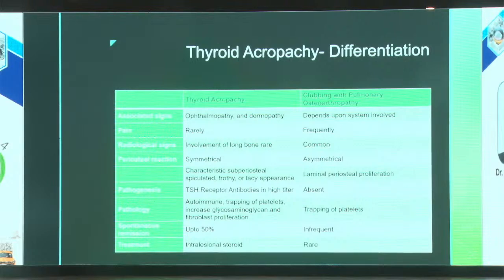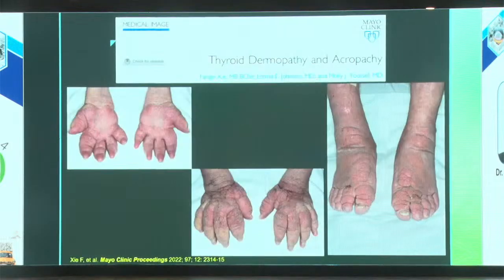And obviously, TSH receptor antibody titer will be much higher in thyroid acropathy, because that's, so to say, a prerequisite. In a very unfortunate situation, there can be a conglomeration of both dermopathy and acropathy, as we can see in this particular situation. Else, it's usually an isolated dermopathy and isolated acropathy.